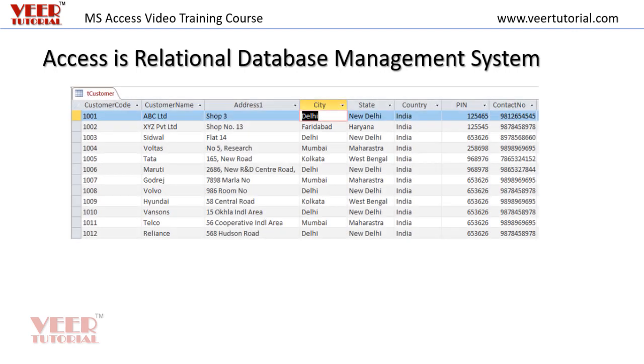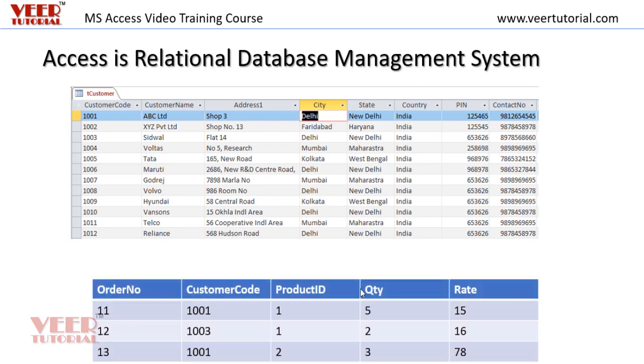We will take another example of customer and orders records. We have already created the customer table in chapter 1, and this is the order table we will create later on, in which we have order number, customer code, product ID, quantity, and rate.